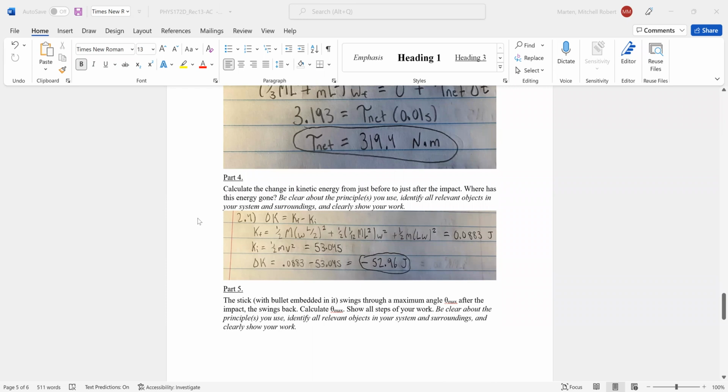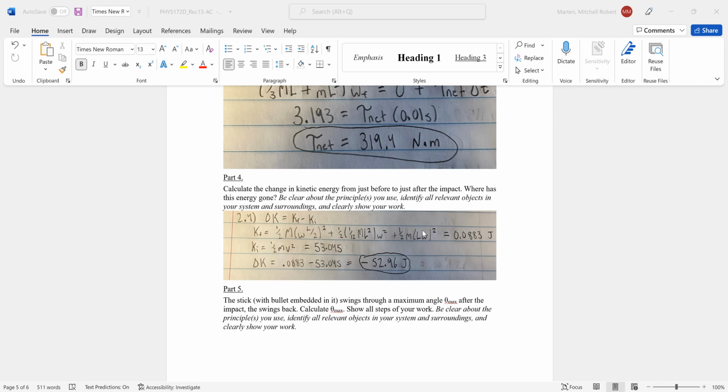And then the change in kinetic energy. This is similar to energy principle problems we've done in the past. It's just a lot more involved. So delta K is obviously K final minus K initial. And so we know K final is going to be the sum of all the kinetic energies of the stick. So you're going to have the kinetic energy of the bullet, the kinetic energy of the stick's center of mass, so like the K trans, plus the K rotational.